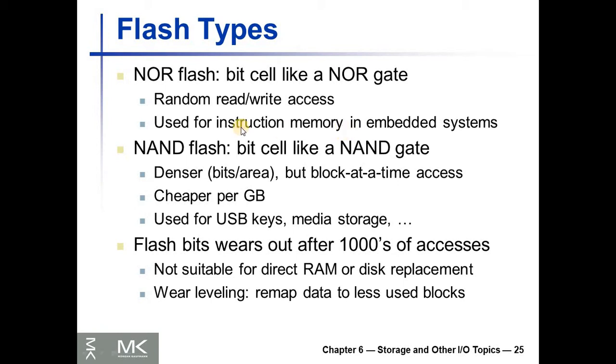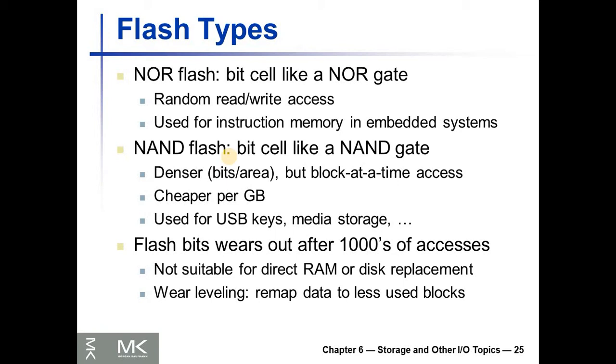The second type, NAND flash, is named because the bit cell is like a NAND gate. They are the most used flash memory available today. They are denser. You can have more bits per area, but you don't read or write one word at a time.